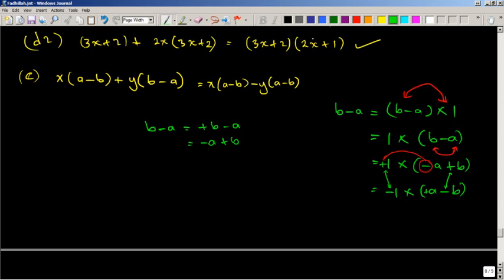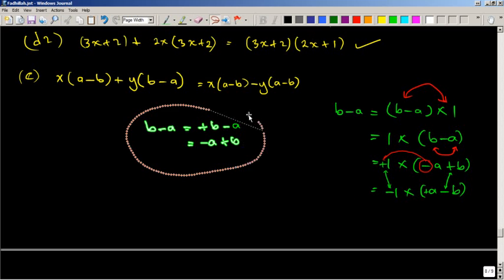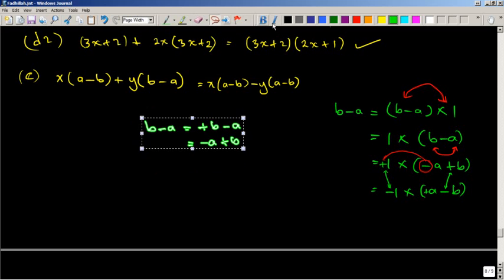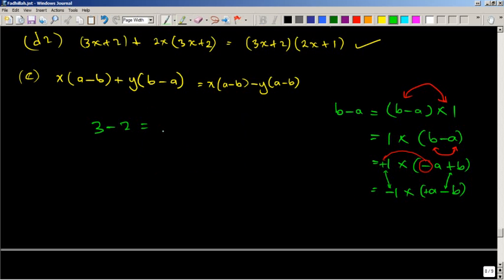To prove my point, I can do this. Let me show you a simple example. 3 minus 2, what is the answer? 1. 1, right? Correct, 1. But if I put a minus here and 2 minus 3, what is the answer? Like this. Don't put it here. This is 1, right?